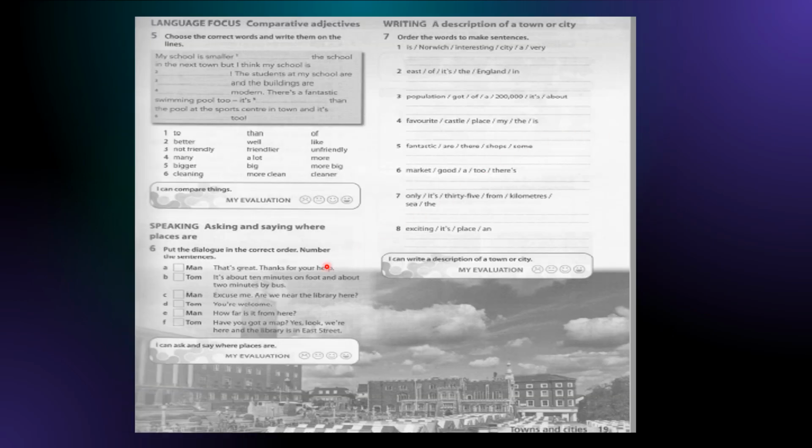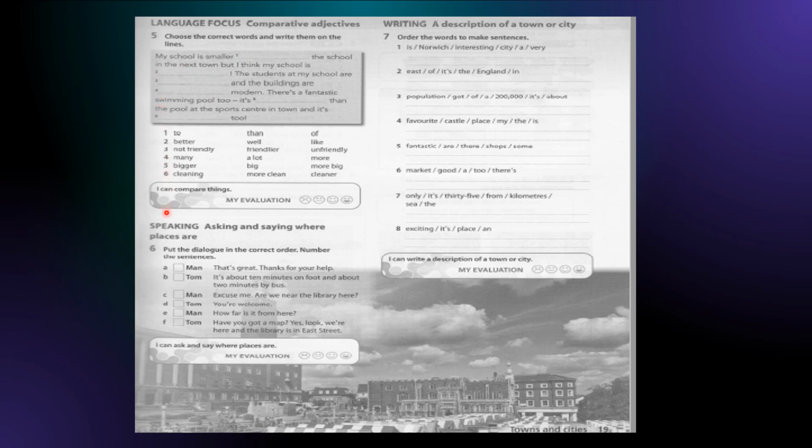Okay, for page 19, comparative adjective, comparison. Okay, choose the correct words and write them on the lines. Okay, just choose and write in the workbook. Okay, so this one, you need to write in the exercise book also, number 5.